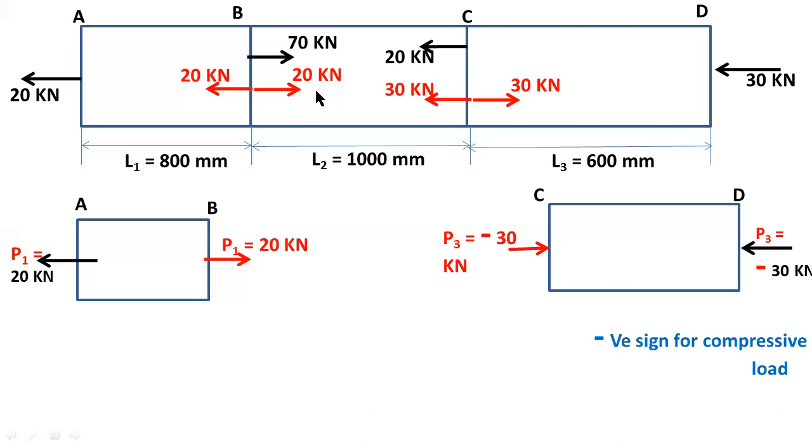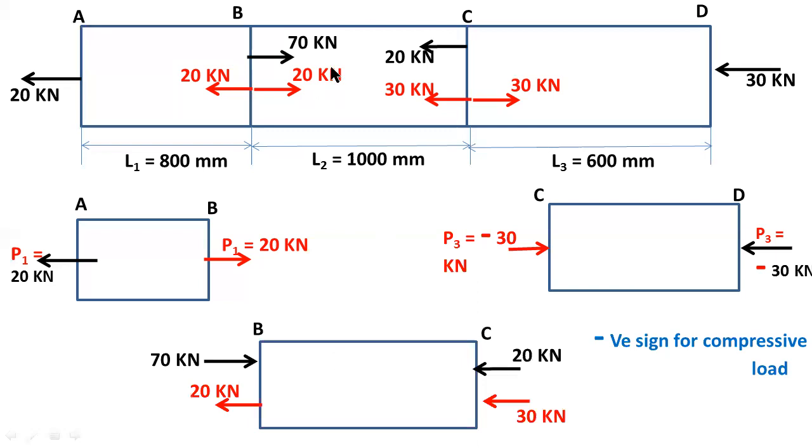Now I am considering the middle portion as section 2. Here the right side 20 kilonewtons and this 30 kilonewtons load are considered. So the remaining forces at B are the right side 70 kilonewtons and the left side 20 kilonewtons load.